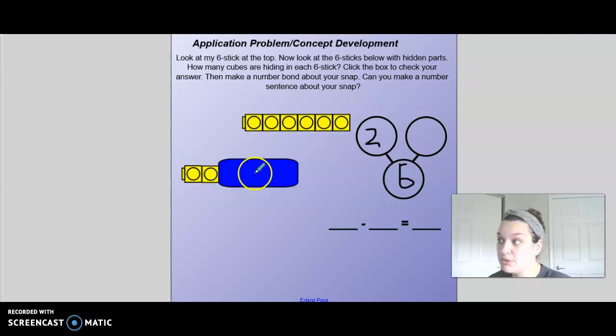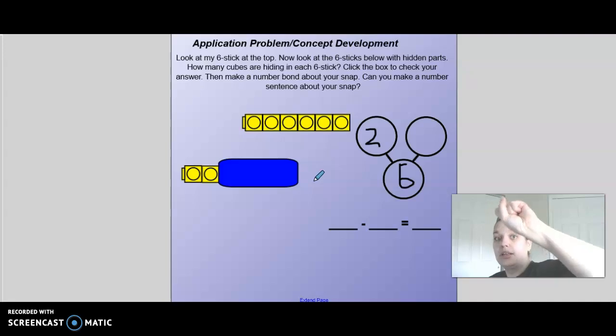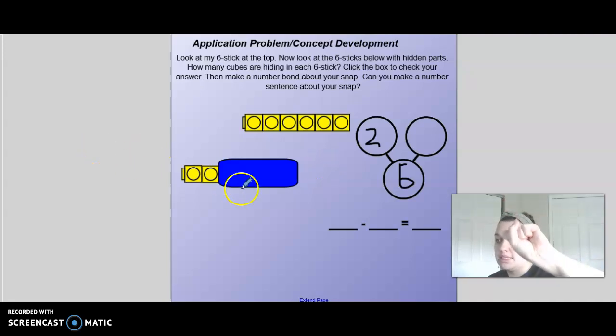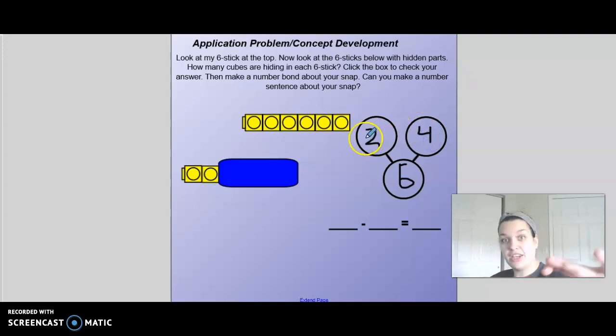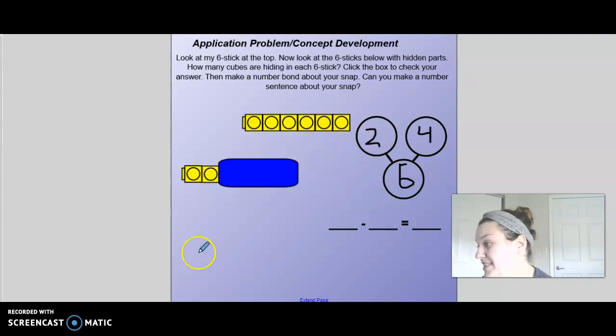But since we have this big blue box covering it, I don't know how many are left, so I need your help. We're going to count up once I don't have any cubes left. So 1, 2, 3, 4, 5, 6. How many cubes are hiding? 4. Great job. Is that what you showed when you separated your two? Awesome.